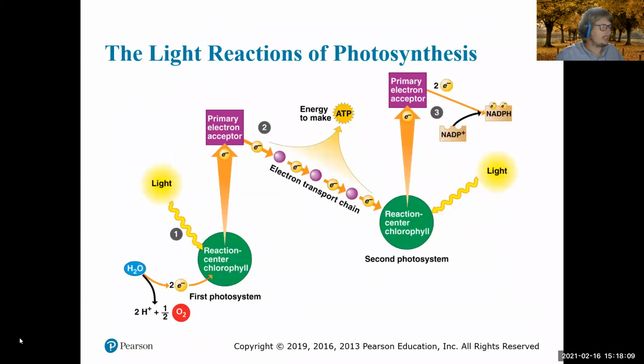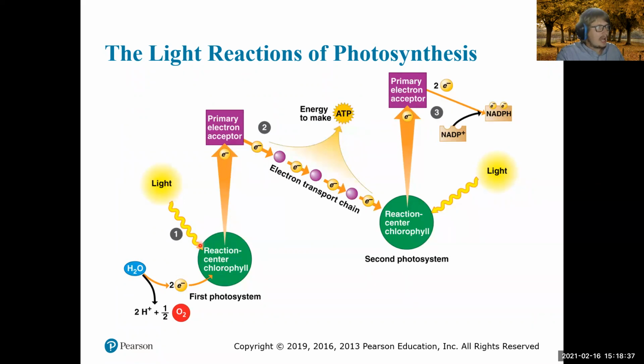Here we have a figure showing the process of this light reaction. You have water, and water is necessary here because this is where the electrons come from. As the light hits the chlorophyll molecule, the electron is excited. And as it falls back down to ground state, it travels through those different proteins that make ATP.